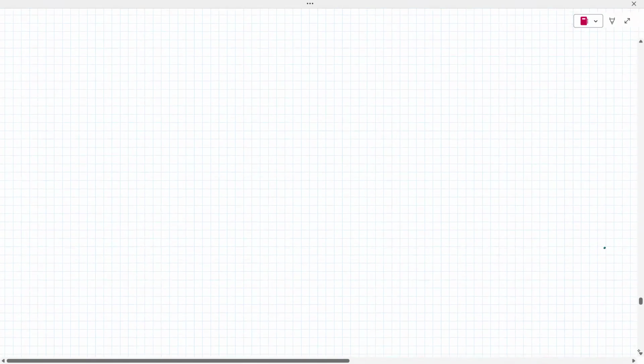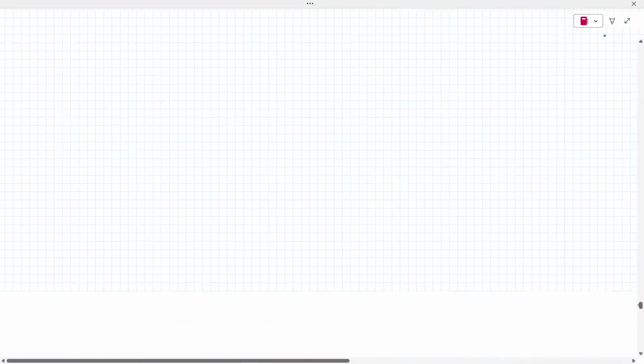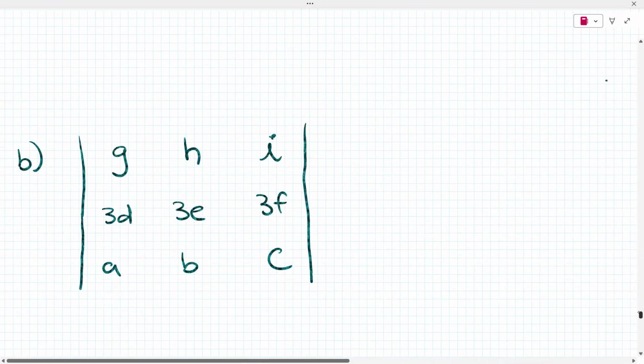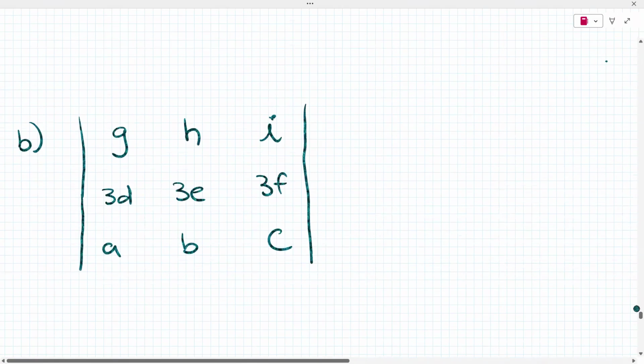Let's do the next one. Part B, we have GHI, 3D, 3E, 3F, ABC. If you compare that with the original, there's a few things happening. It looks like there is a switch between row 1 and row 3, right?